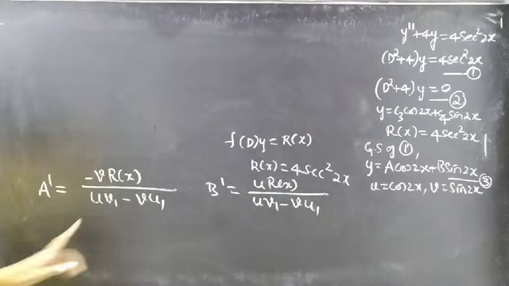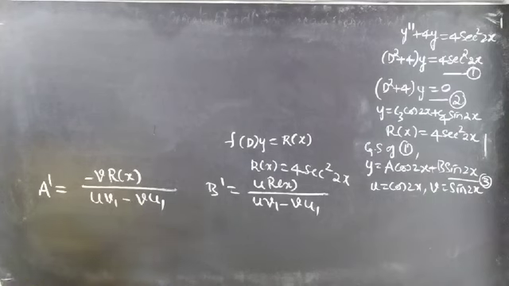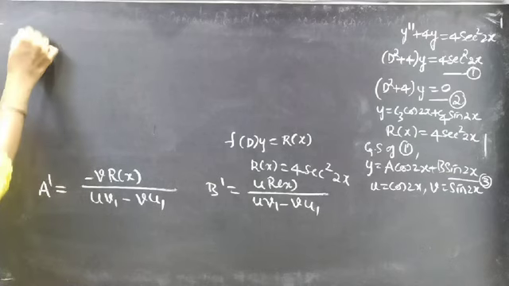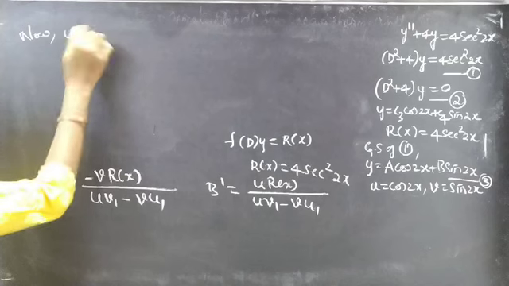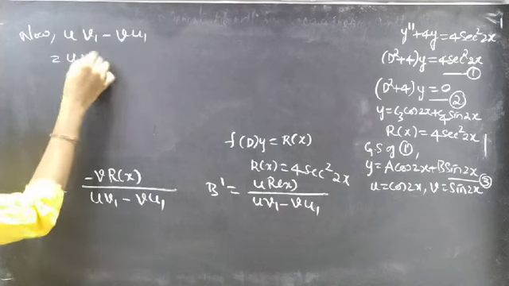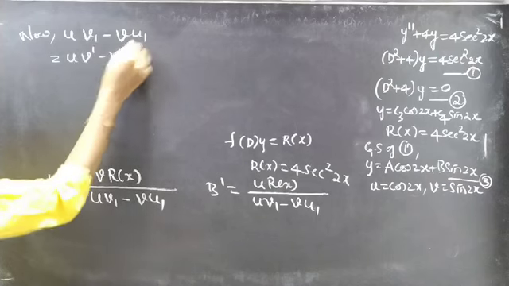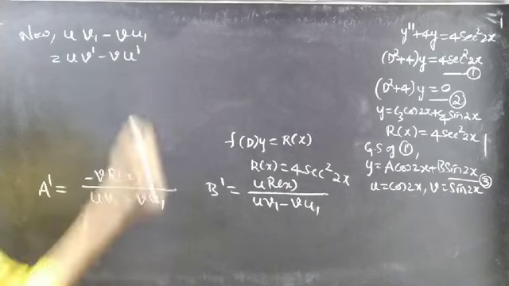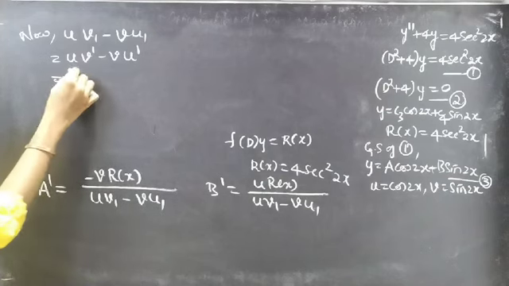Now we can notice uv1 minus vu1 in both the formulae, right? So let's firstly find uv1 minus vu1, which is nothing but u into v1, the derivative of v, minus v into u1, the derivative of u.